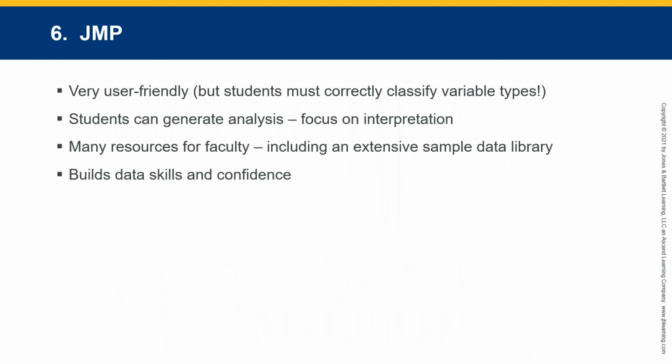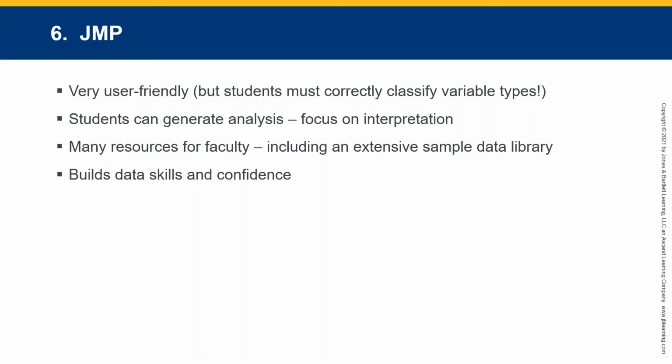So you can tell I really like JMP, and it's something that I brought into my teaching a few years ago, and I find it to be very user-friendly. It may be new to some of you, but I really suggest that you take a look at it. What I like about it is that it's point and click to a degree, but with many point and click software packages, I feel worried sometimes that students can do the incorrect analysis and have no clue that they've done something incorrectly.